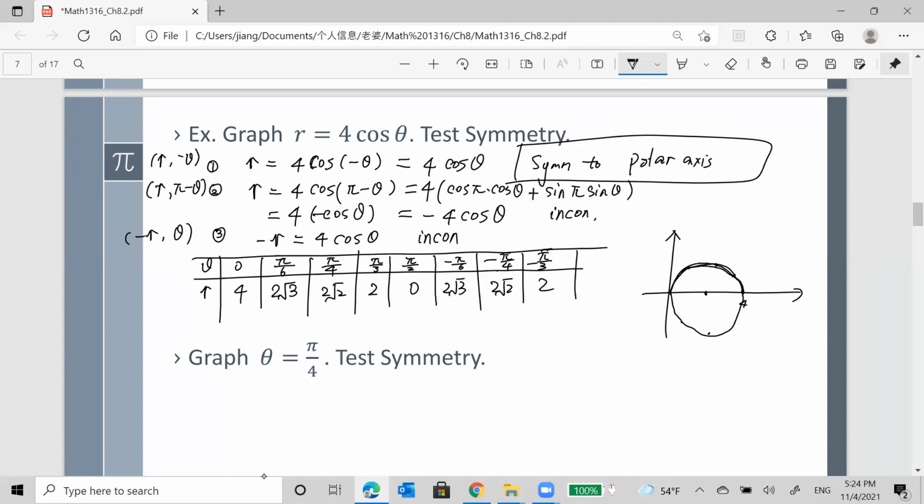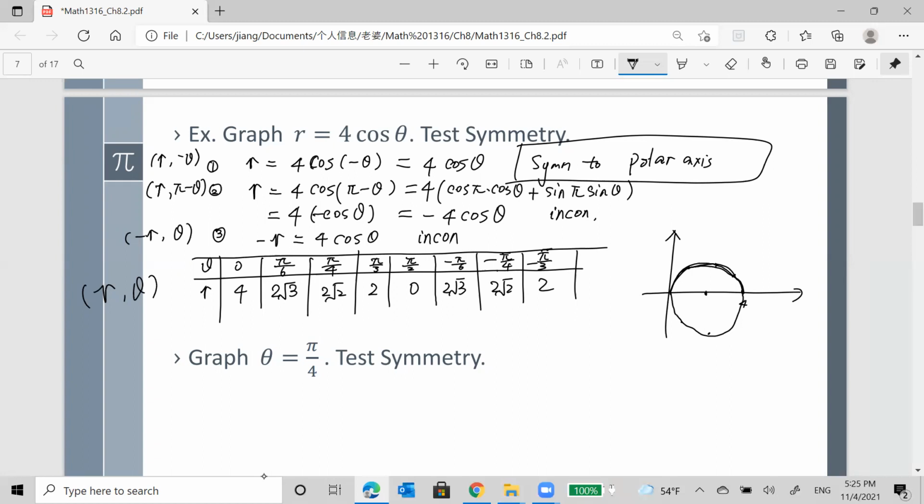So what's the meaning of this? You're going to have the same question in your homework. They ask you to plot points, sorry, I think 6 points. You can just plot R, theta: 0, 4, then 2 square root 3, pi over 6, and this one, and this one.